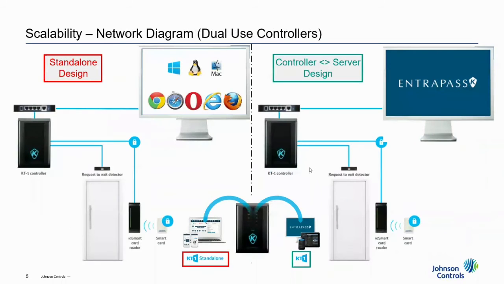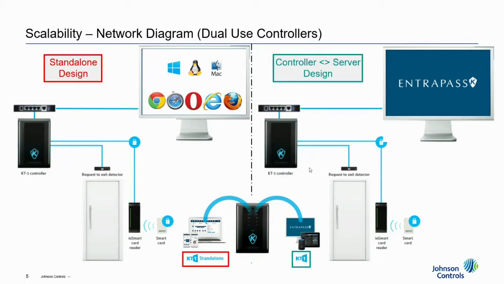So in terms of the network diagram on how to deploy this dual use controller, earlier I mentioned that there are two ways of deploying, one being standalone mode. In standalone mode, in the design here on the left, this KT1 controller is sufficient to secure and manage the day-to-day access control for the door.